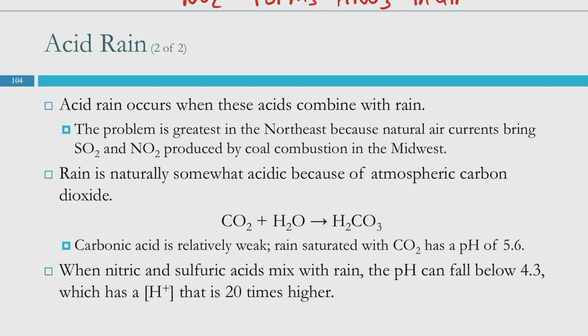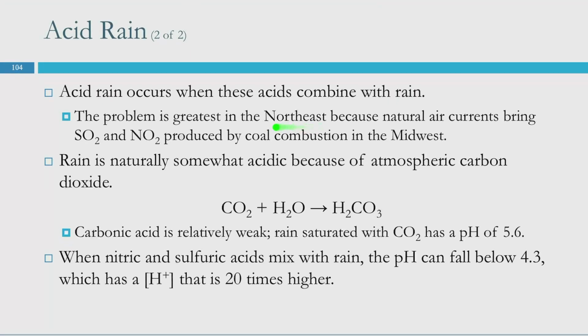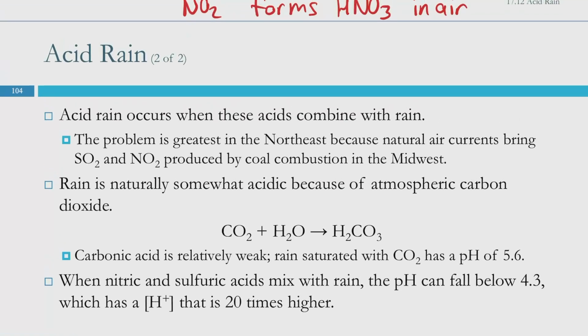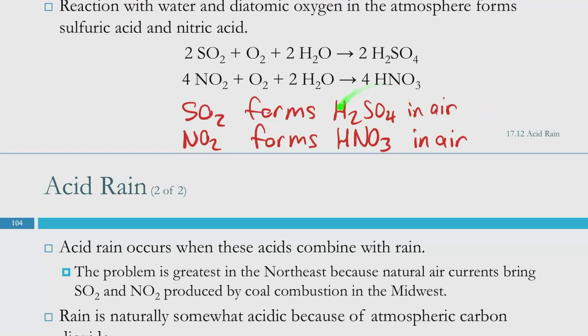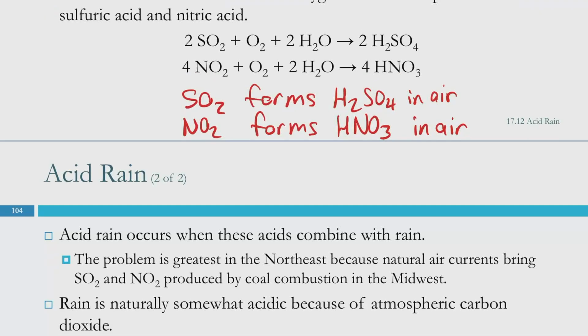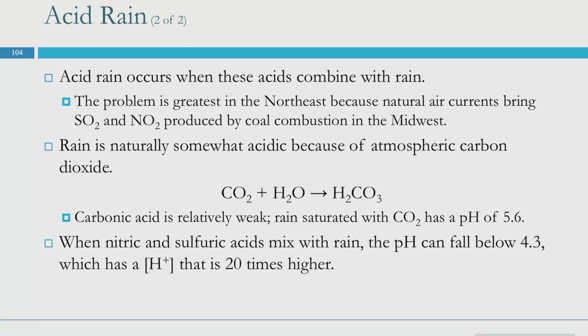And this problem is worse in the Northeast because the natural air currents are going to bring those combustion products from coal that float out there from the Midwest. Because of these acids forming in air, rain gets kind of turbocharged sometimes in terms of its acidity.